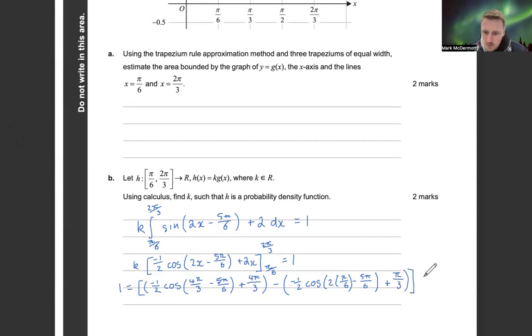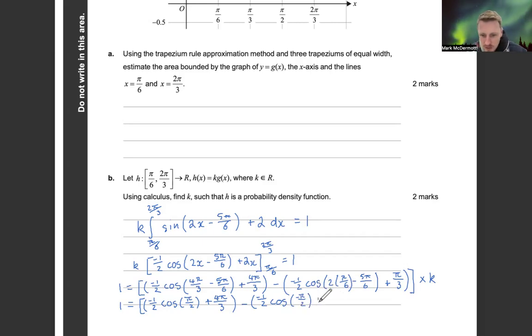So you're going to get, and all of that's multiplied by k, don't forget. This simplifies to 1 equals negative a half cosine of pi on 2, plus 4 pi on 3, minus negative a half cosine of negative pi on 2, plus pi on 3.